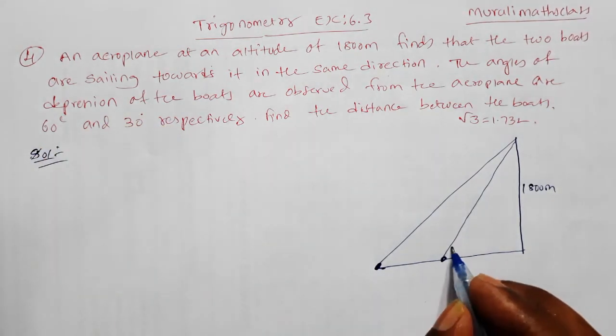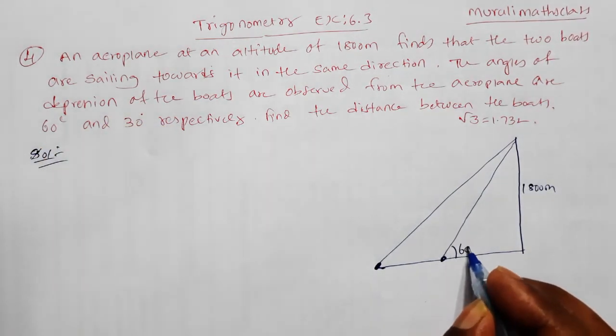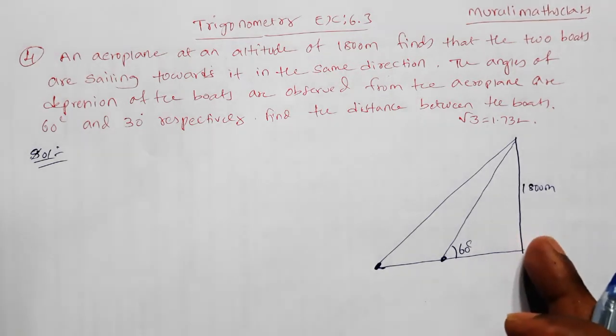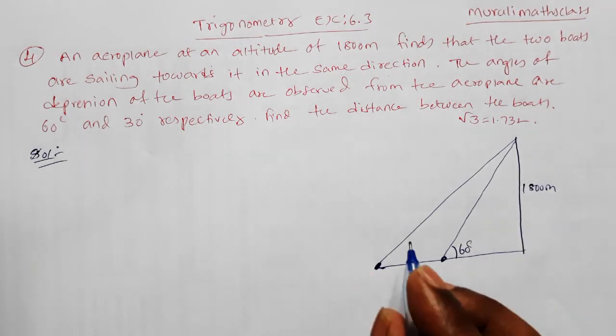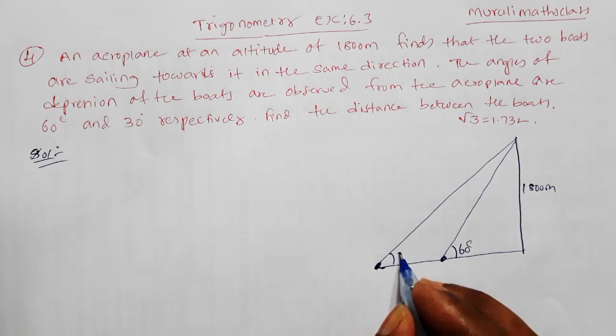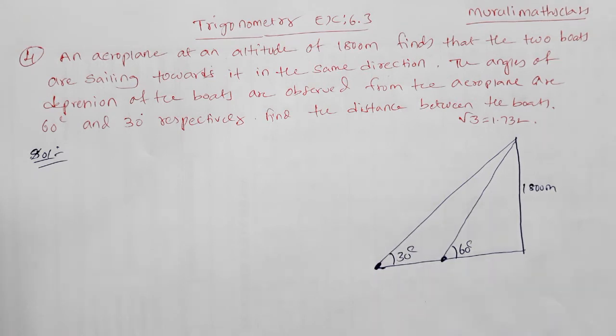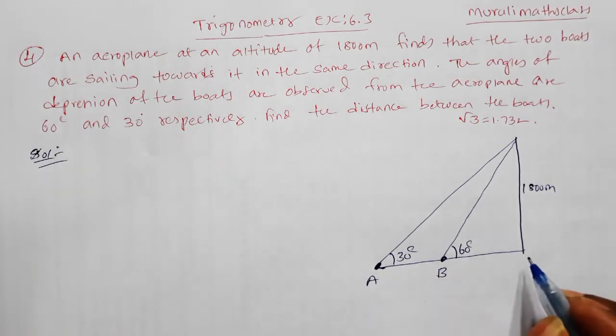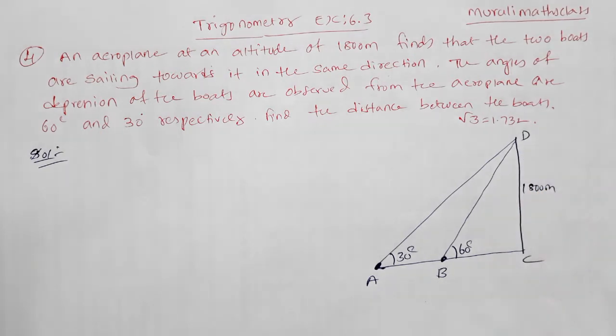So the first boat is 60 degrees from this aeroplane. The second boat, 30 degrees. That's it. So mark A, B, C, D. From this we have to find the distance between the two boats. This is the first boat and the second boat. This distance we have to find out.